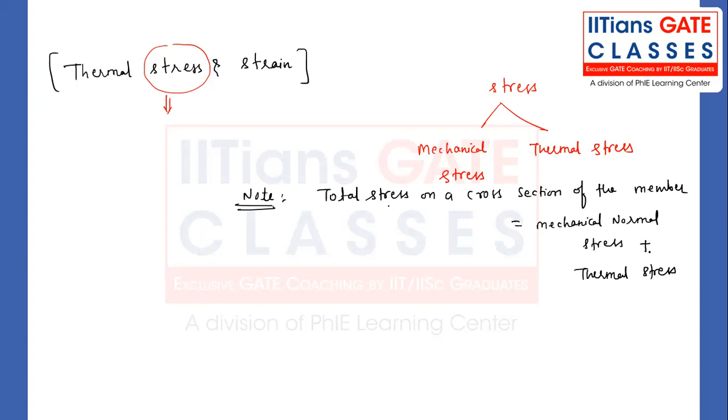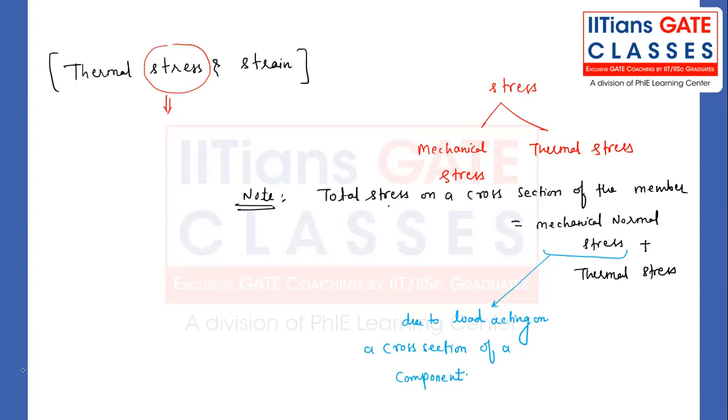But what about the mechanical normal stress? Mechanical normal stress is basically developed due to the load acting on the cross section of a component, right? This mechanical component of the stress will be generated due to the load acting on a cross section of a component, right?